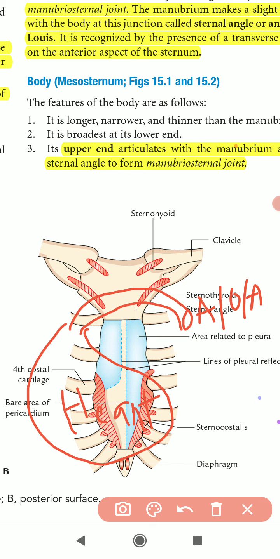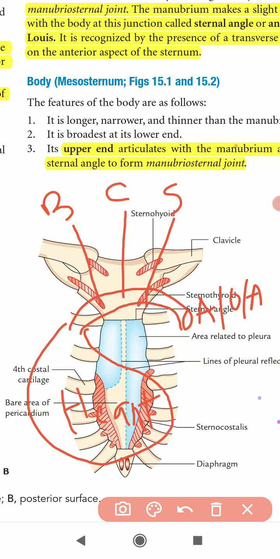From the arch of the aorta, three major branches arise, three major arteries. What are they? From left to right, they are known as BCS. Now what does it stand for? B for the brachiocephalic artery, C for the left common carotid artery, and S for the left subclavian artery.